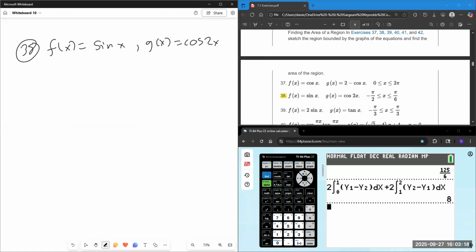And we're told that x is between negative pi over 2 and pi over 6. Let's pretend that they hadn't told us that we needed to find that.